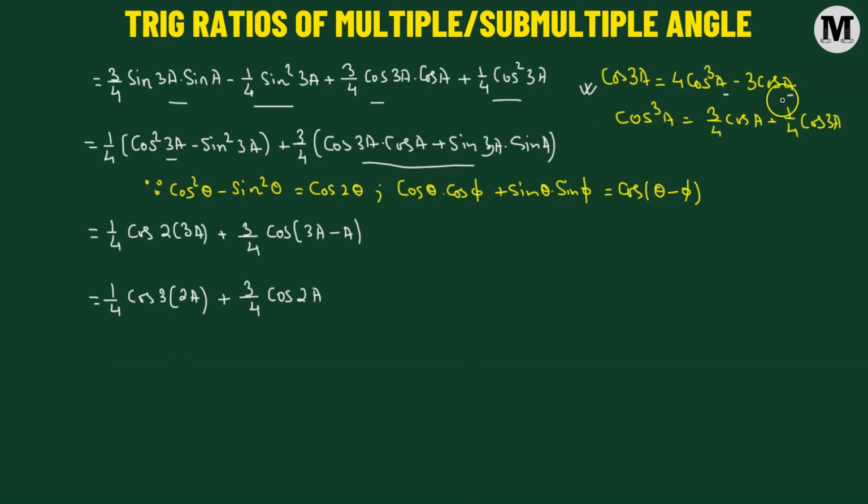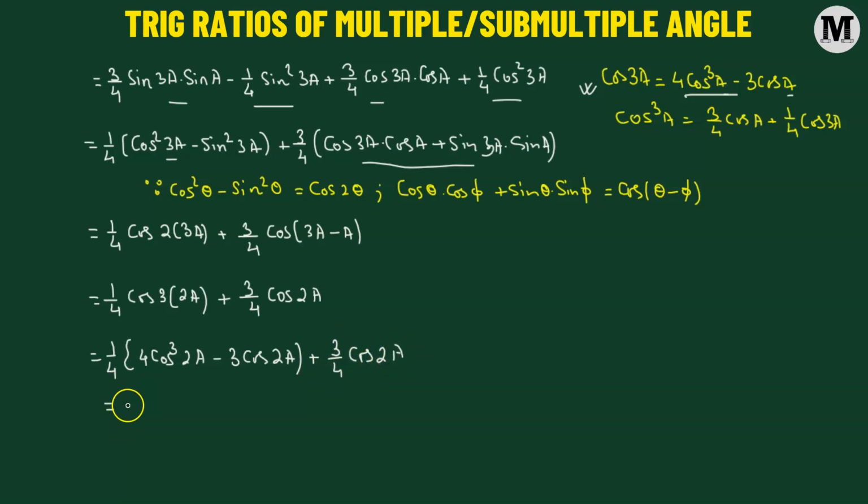So wherever we see a, we're going to replace it with 2a. So that means we're going to get 1 over 4 times, this will be multiplied to 4 times cosine cubed. We need cosine cube a, but we're going to replace a with 2a, minus 3 times cosine of angle a. Cosine of angle a will be replaced with 2a, added to 3 over 4 times cosine of angle 2a.